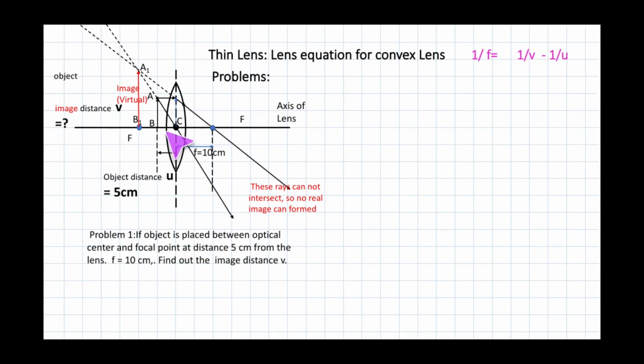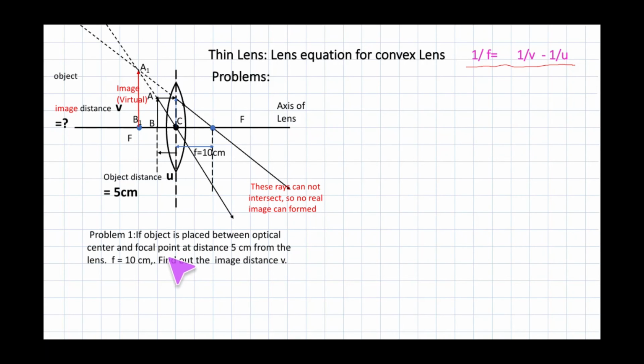Now we have the question: if an object is placed between the optical center and focal point at a distance of 5 cm from the lens, and f is 10, find the image distance. So we need to find the image distance from the optical center to this point. Again we have this formula.